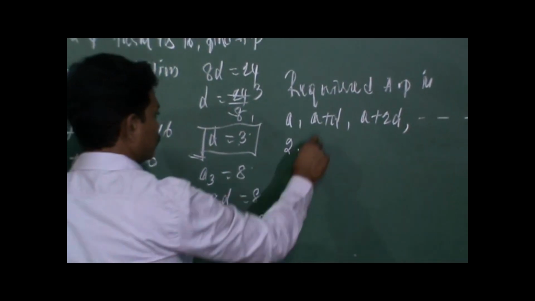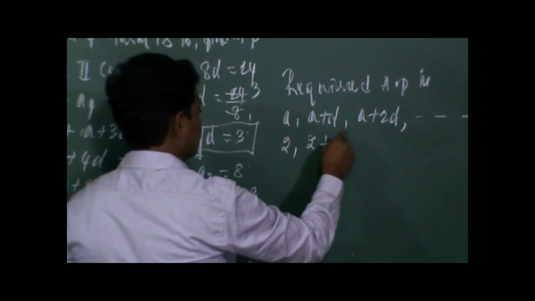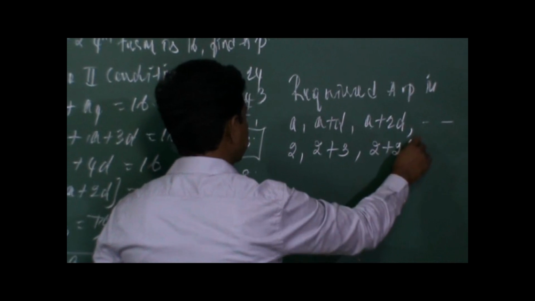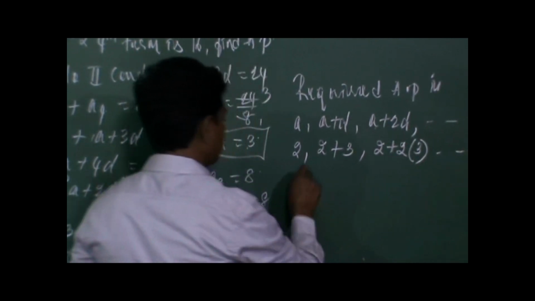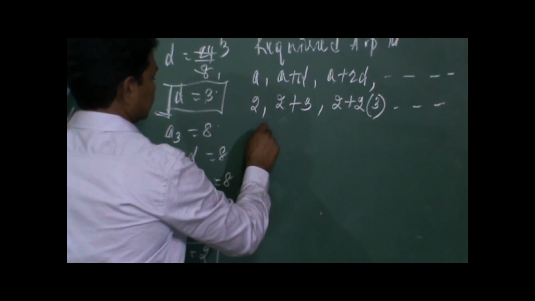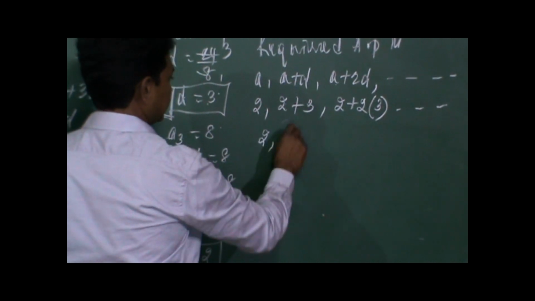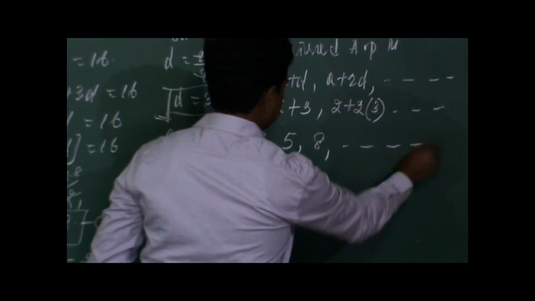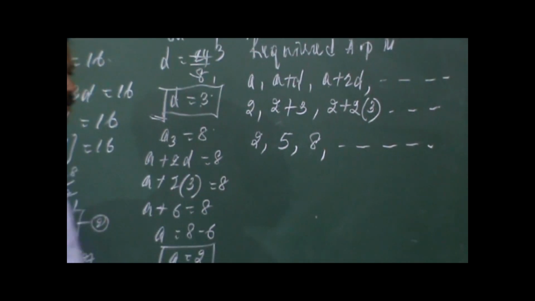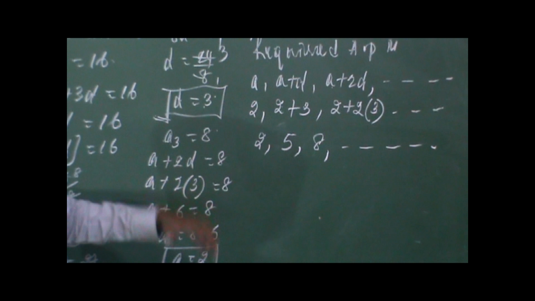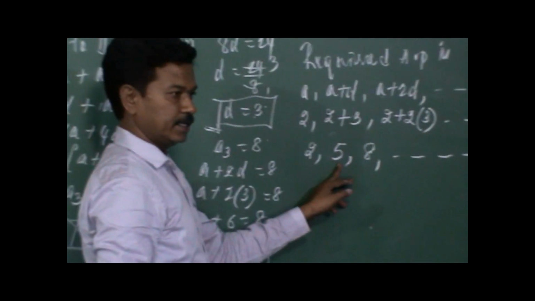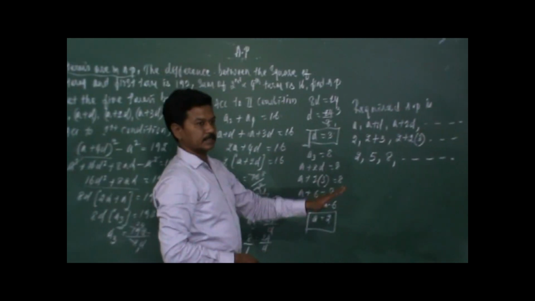Again, a is 2, plus d is 3, comma, a is 2 plus 2 into d, which is 3, and so on. So 2, comma, 2 plus 3 is 5, comma, 2 plus 6 is 8, comma, and so on. Whether the sequence we have got is an AP or not, we can check: 5 minus 2 is 3 and 8 minus 5 is 3. So therefore the AP we have got is the right AP.